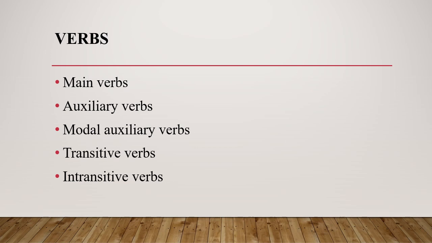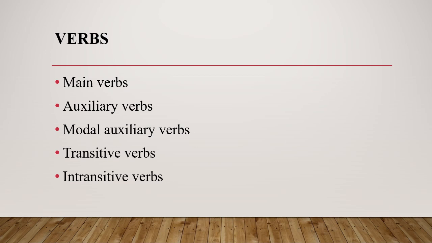Some linguists say that modal auxiliary verbs are 10. The transitive verb is the verb that's found in a sentence with an object. For instance, he gave me a present. The verb give in its infinitive form is recognized as a transitive verb.